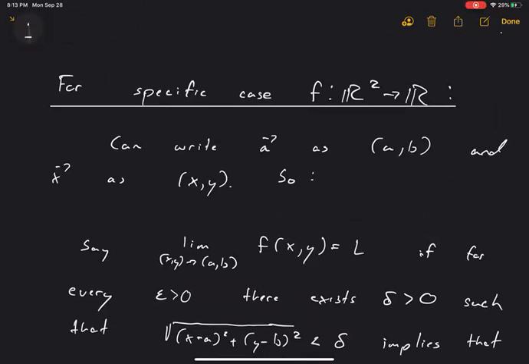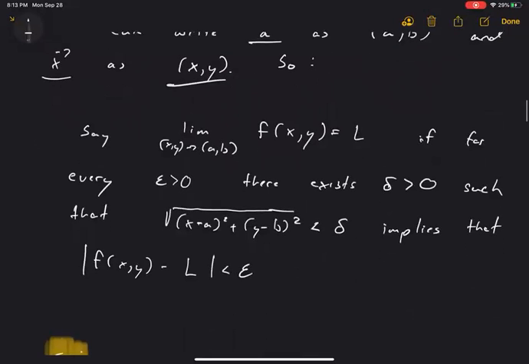So let's write our vector a as this point, or vector, however you prefer to think about it, (a, b). And let's write our x as (x, y).